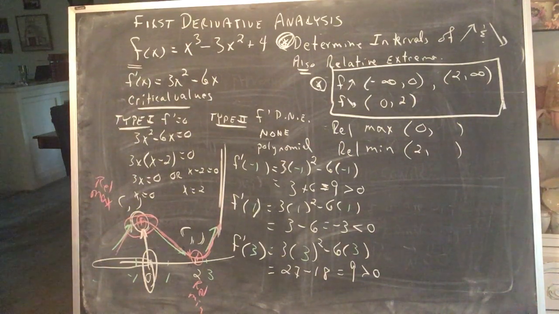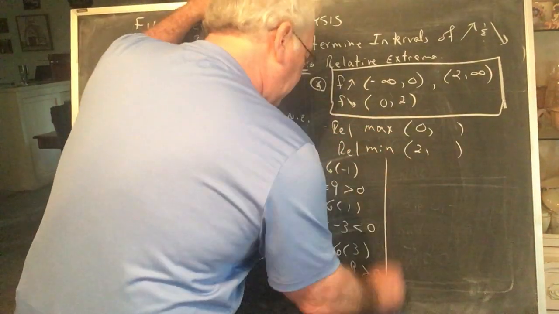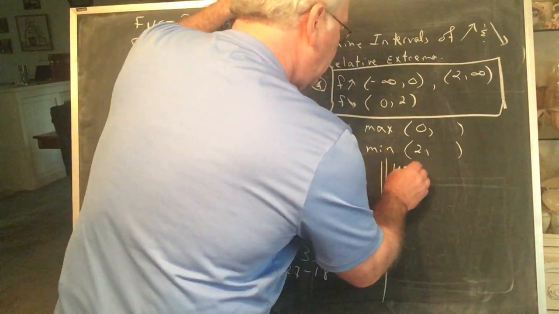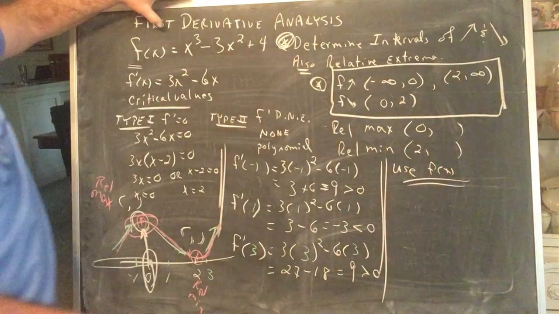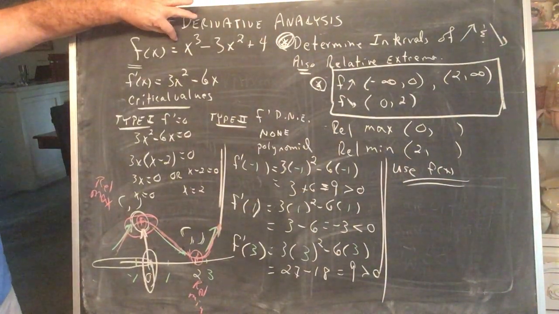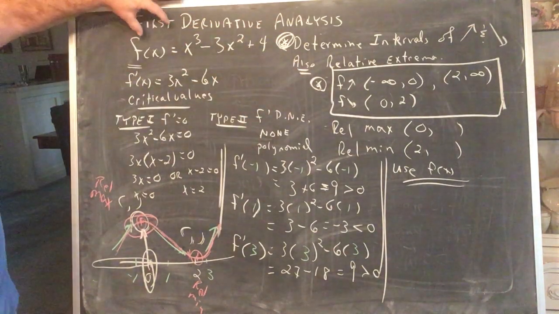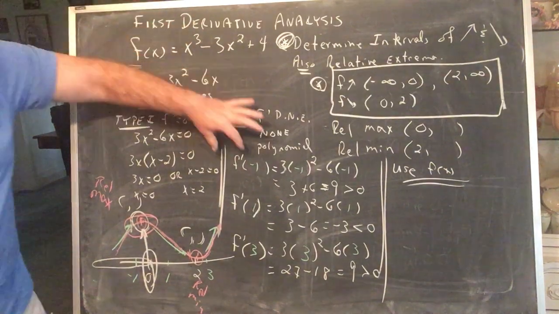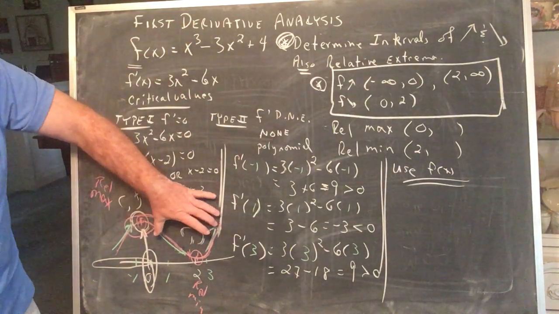It no longer takes a piece or a position in this problem. To find the actual coordinates, use the original function. The original function is used to find points on the curve. So to find the relative max and the relative min, use the original function. The derivative is only used to find the arrows up, down, increasing, decreasing.